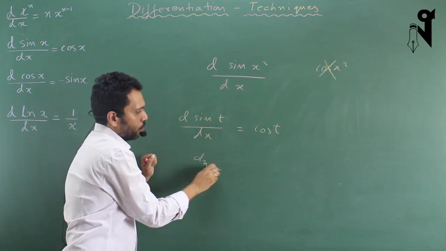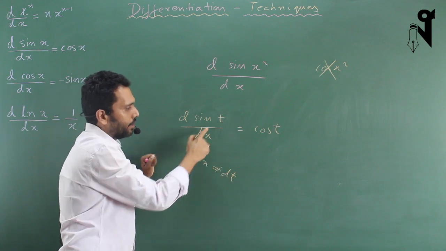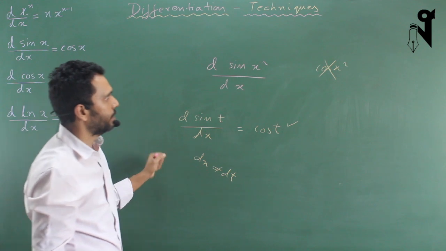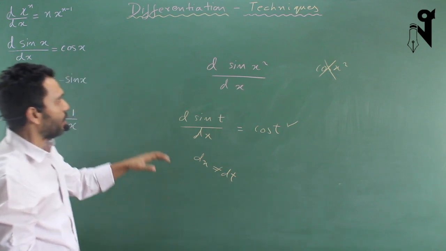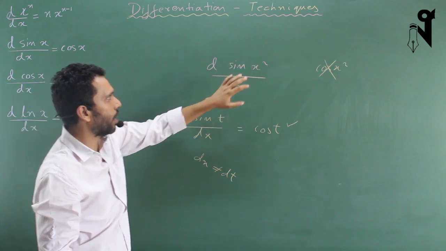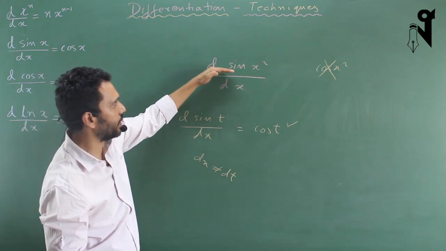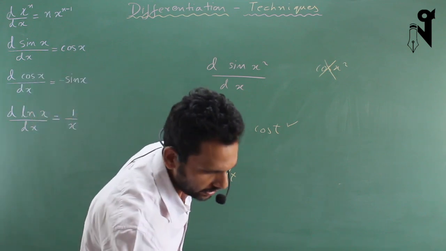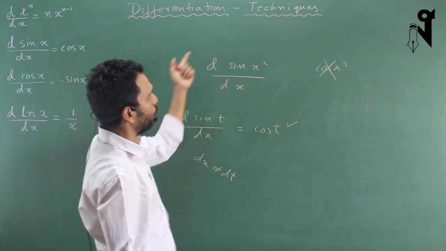Your dx was not equal to dt. Had dx been equal to dt, this answer was absolutely right. Meaning to say that you can't just be looking at the numerator, you have to see that the differentiation has been asked with respect to what? With respect to what? And that's our first technique what we'll be doing today.